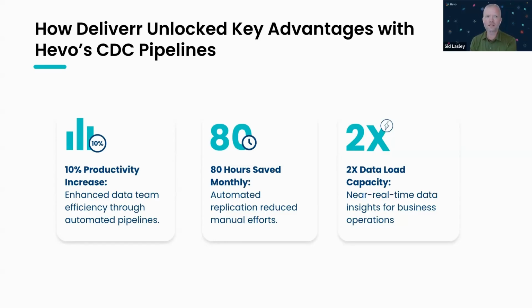As part of what Deliver achieved in implementing Hevo, they saved those 80 hours, and they're actually able to manage 2x the data load capacity that they were previously able to manage when they were doing things manually. So they saw significant benefits using Hevo's CDC pipelines.